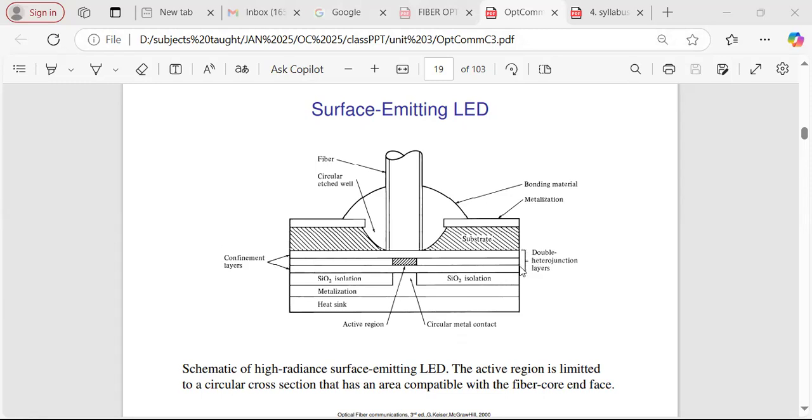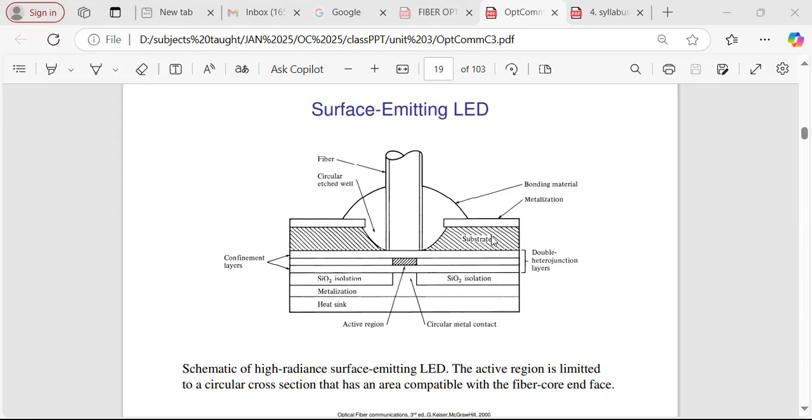This is showing the double heterojunction layer, and the middle one is the active region. This active region is in between these two confinement layers, and this whole structure is the double heterojunction layer.